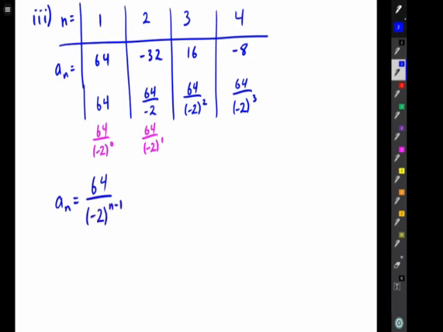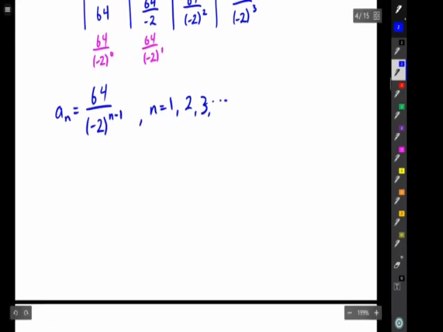And that's a perfectly great explicit formula. This works perfectly. Now, this one, I want to show you something because this is actually a little bit useful to know, to be able to rewrite a sequence like this.